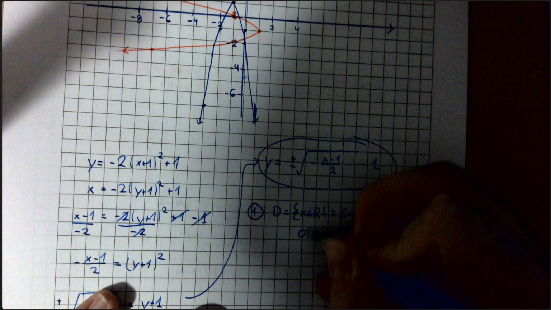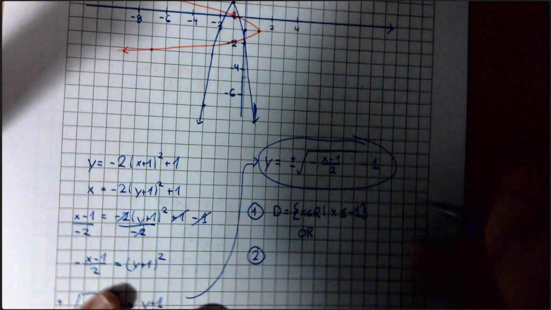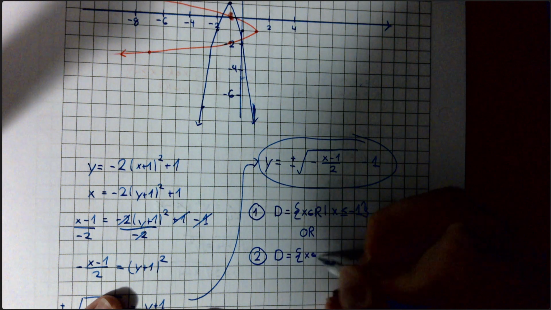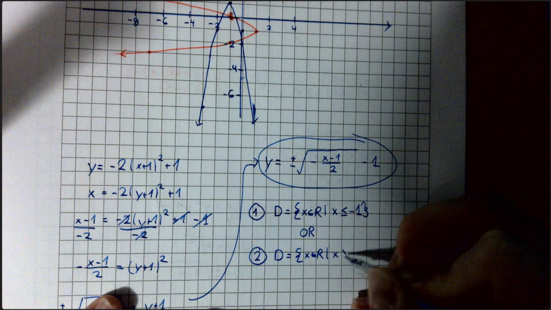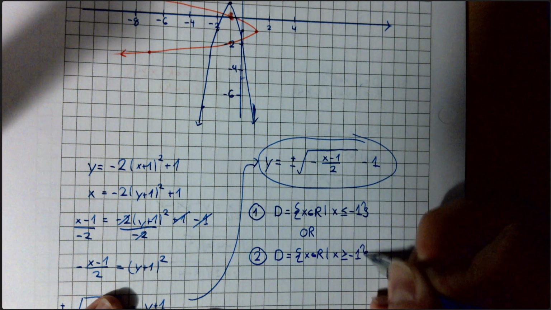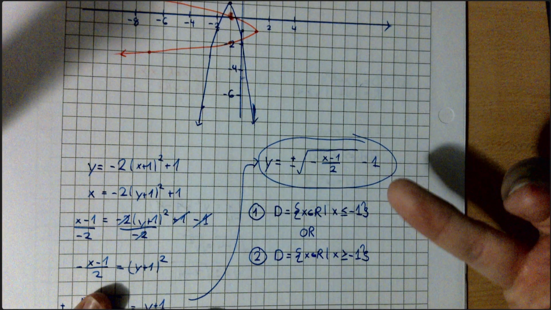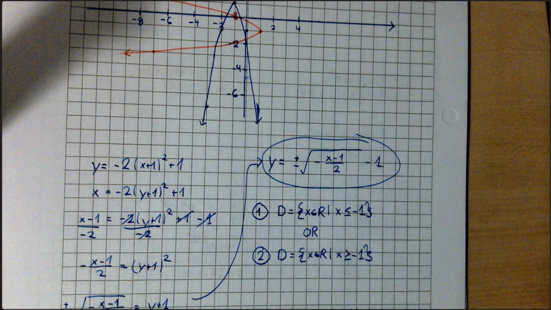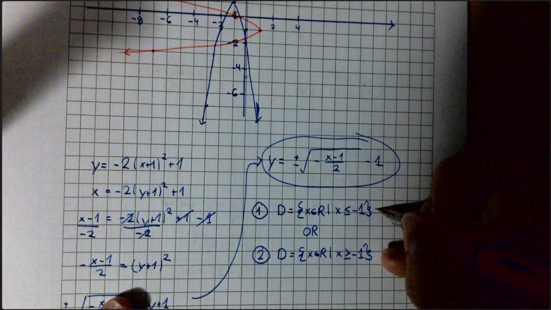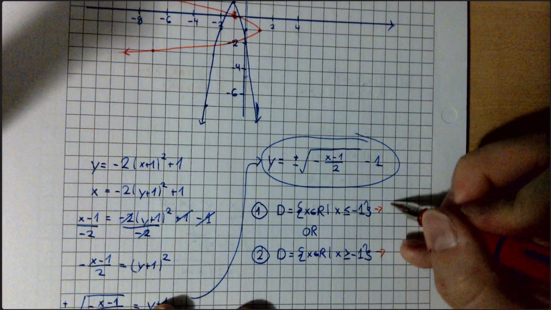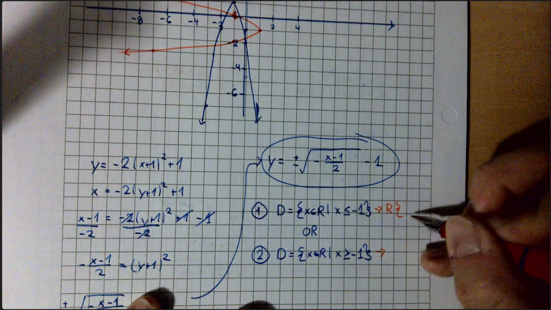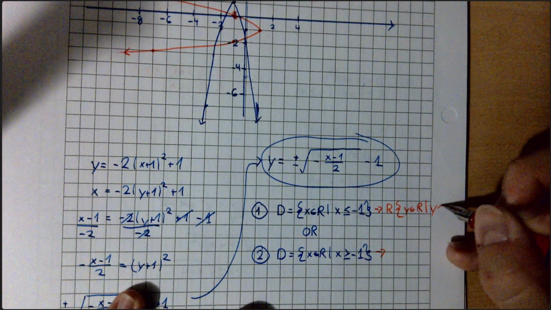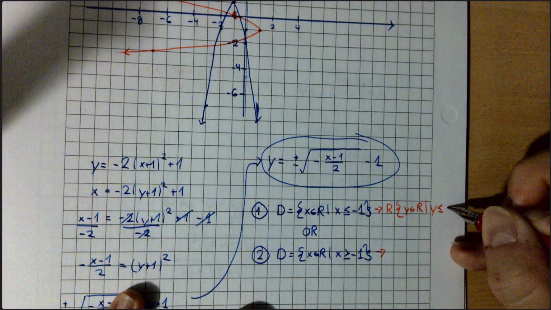Or option 2, this would make it domain is an element of the real numbers, again, where x is greater than or equal to -1. So one of these two options, because when these two become the now restricted domain of my original function, when it turns into my inverse, I'm just going to have my new range be that y is an element of the real numbers, where y has to be less than or equal to -1.